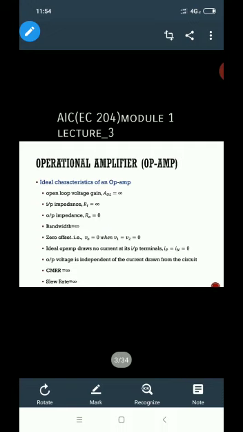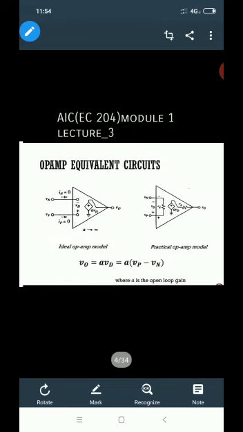Output voltage is independent of the current drawn from the circuit. Then CMRR is infinite and the slew rate is infinite. These are the ideal characteristics of an op-amp.